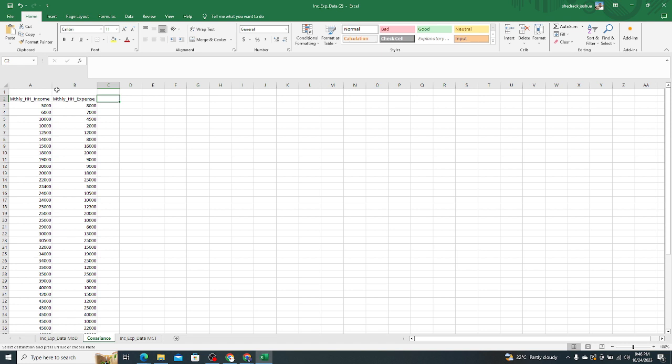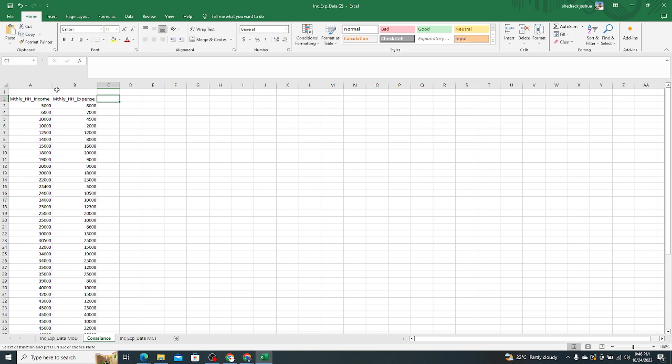Or does it mean whenever the income increases, there is no change in expenditure? That's what we are trying to check here.